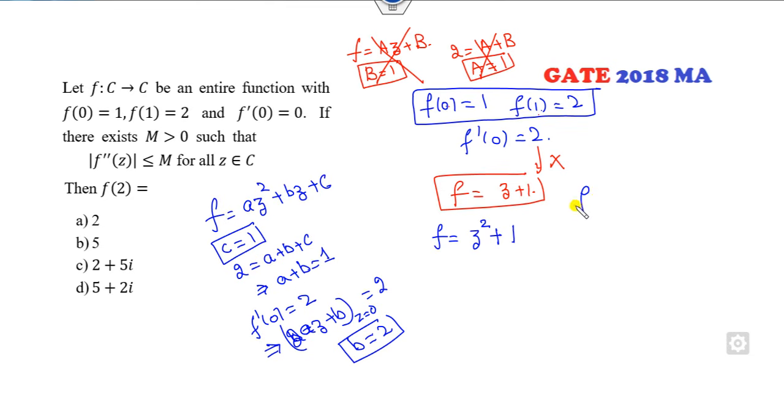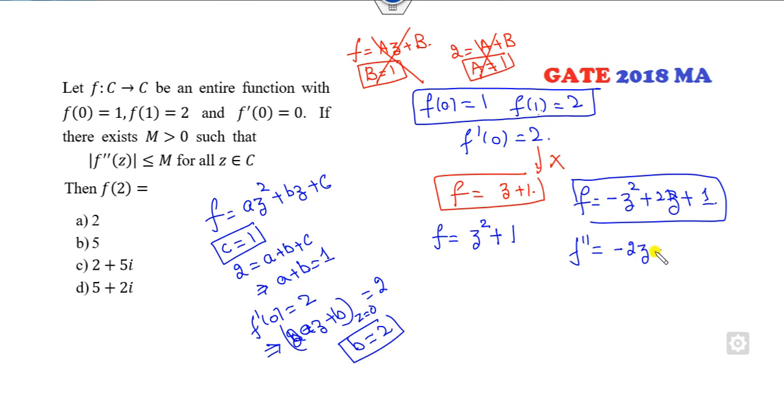So my function will be minus z square plus 2z plus 1. So this satisfies f of 0 is 1, f of 1 is 2. That's the function. Now find the second derivative. The second derivative will be minus 2z plus 2. Find the modulus value. It will be less than 2 times modulus plus 2.